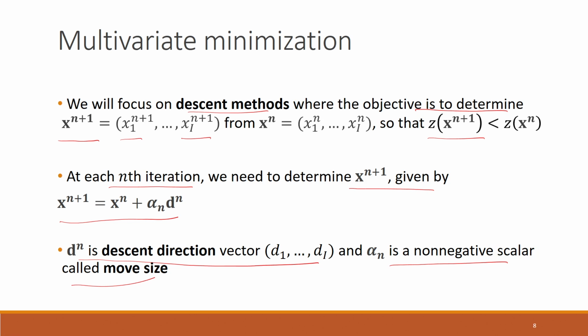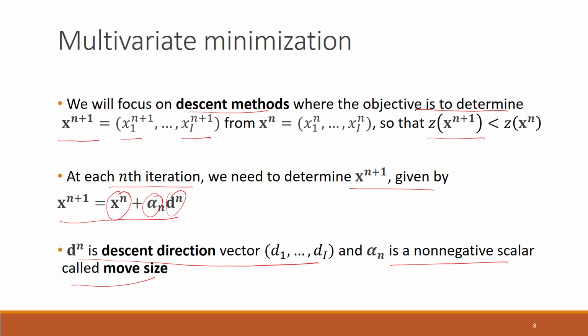So what we are doing here is that we are currently at this point x_n, which itself is a vector, because we are now focusing on objective functions that can vary with multiple variables. And alpha_n is a non-negative scalar which is getting multiplied by another vector d_n, which represents the descent direction vector.